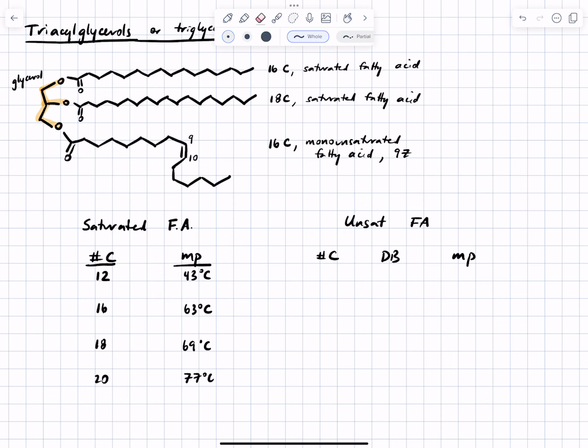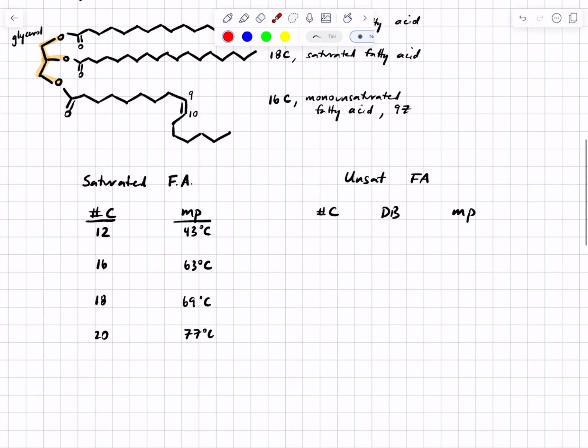The more those two long chain hydrocarbons can contact each other, the greater the surface area of each individual hydrocarbon, and the greater the ability of each chain to get close to the other chains, the stronger the van der Waals interactions. The more you have to increase the temperature to overcome those interactions, the higher the melting point will be. And that's an important concept that should be mostly review.